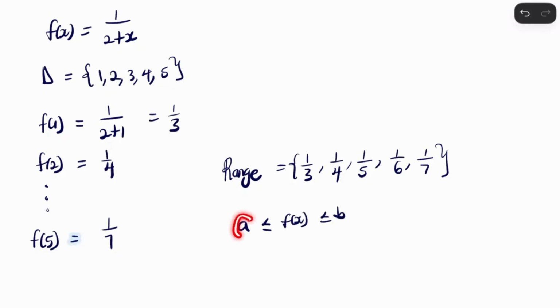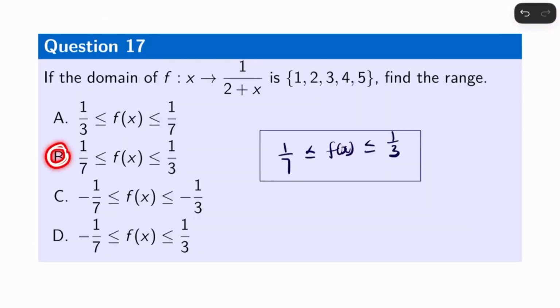So here a is always less than b, right? 1 on 7 is less than 1 on 3, right? So we are going to have 1 on 7 less than or equal to f of x less than or equal to 1 on 3, right? Thus the correct option is option B.